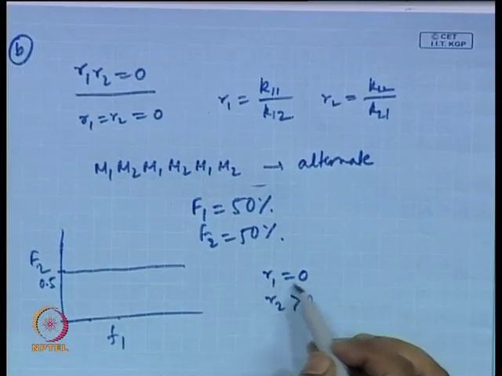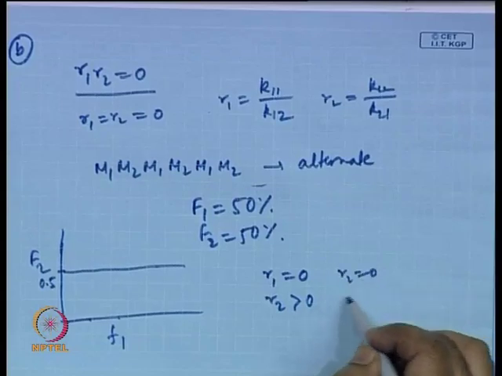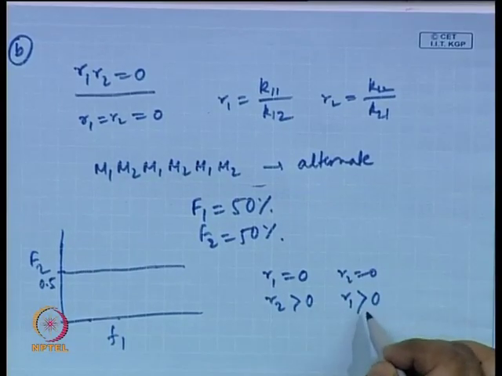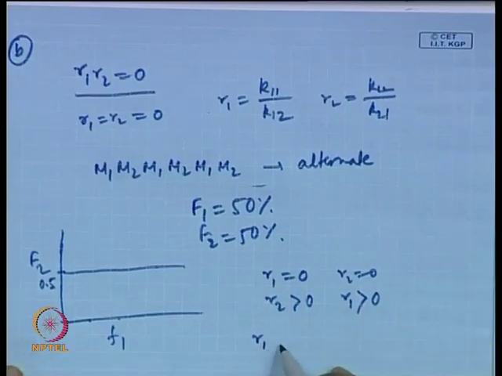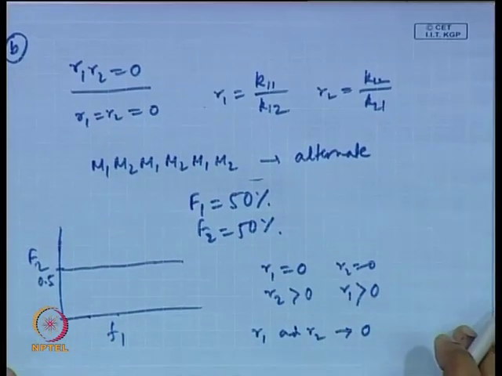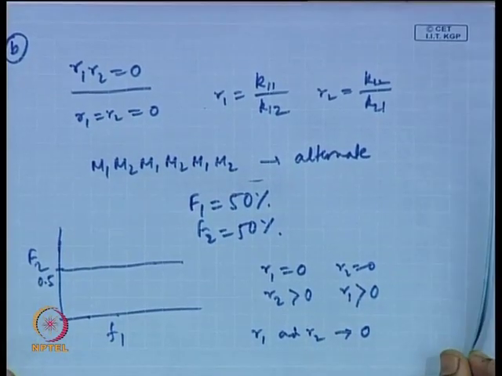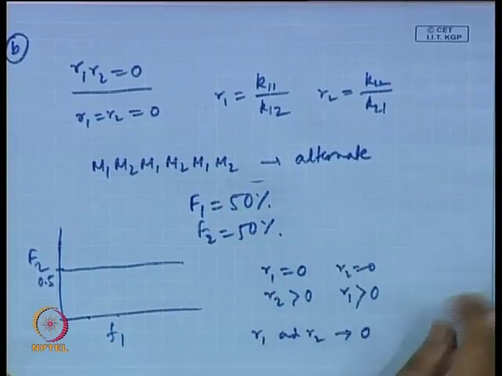Now, this can be achieved also if one of the monomers has reactivity ratio 0, R1 is 0, or it could be the other way around, R2 is 0. Or it could be R1 and R2 both are near to 0. In this case, you do not get a perfect alternate.